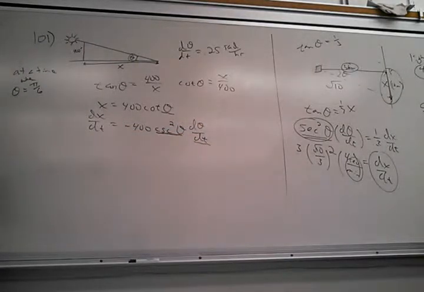Arc length is s equals r theta. If I had a radius of 10 meters and I want to know the arc length if the angle was pi over 4 radians, the arc length is r theta, right? So it's 10 meters times pi over 4 radians. It's not meter-radians at the end.